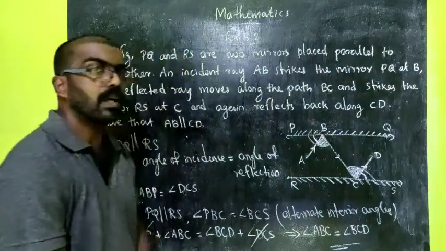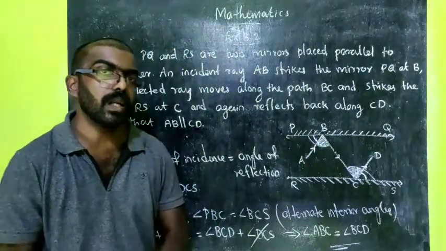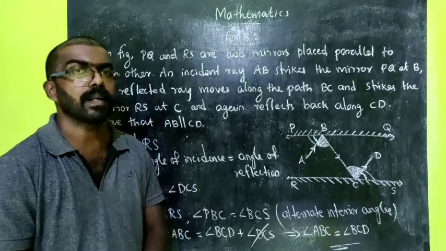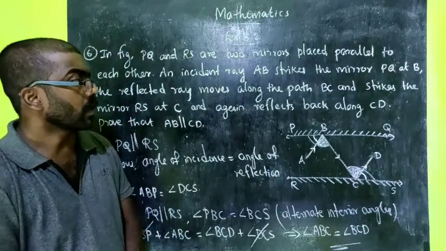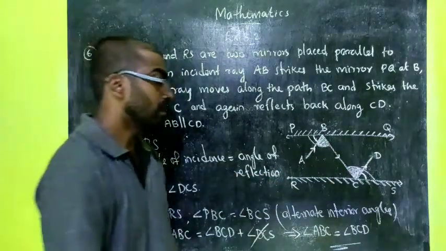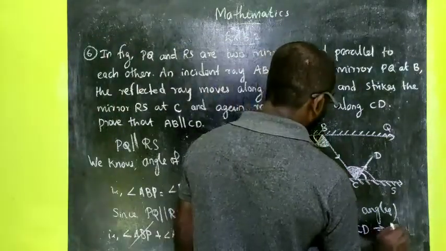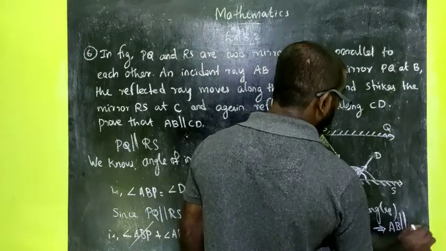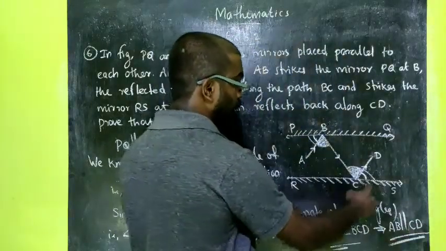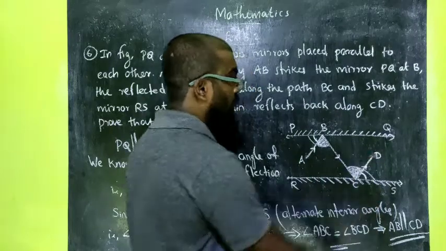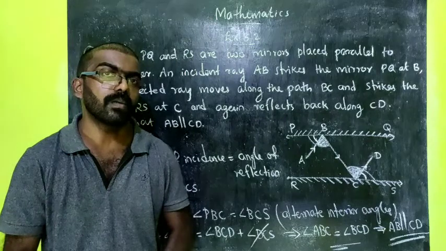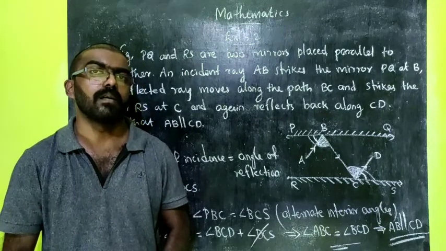Okay, so what we can conclude here: the alternate interior angles are equal and hence the lines are parallel. Therefore AB is parallel to CD. The reason is angle ABC and angle BCD are alternate interior angles and they are equal. So the lines are parallel.